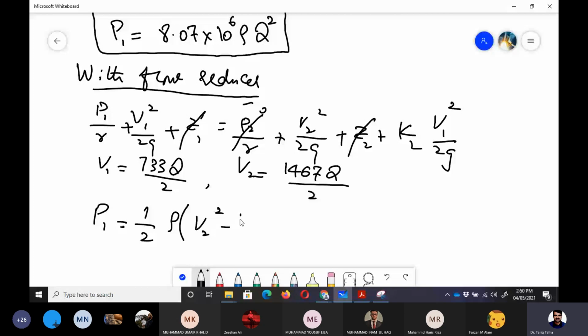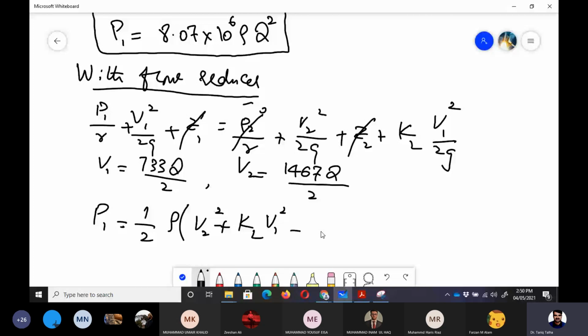Now we put these values of V2 and V1, but with V1 we also need to incorporate the KL term: KL V1 square minus V1 square.